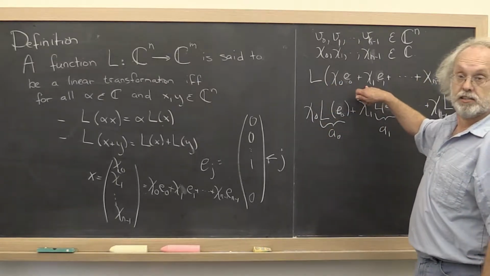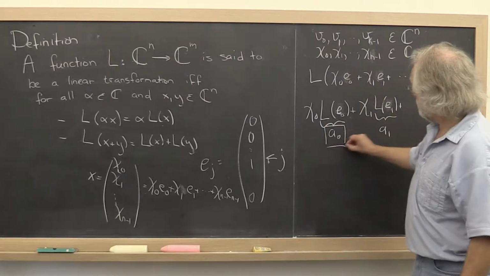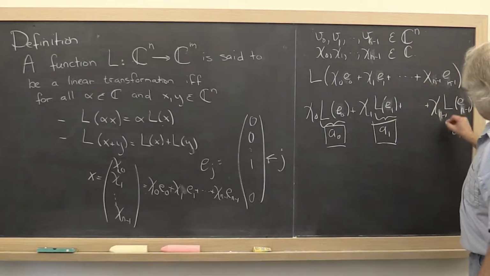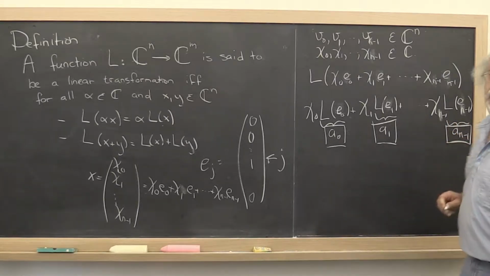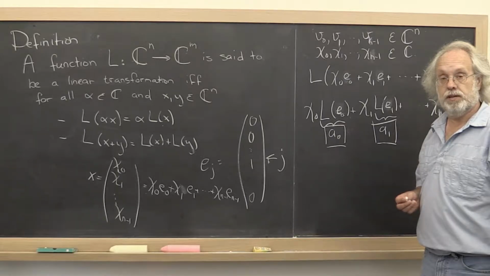This is just L of x. All information about the linear transformation is encoded in these vectors right here, which you get by transforming the standard basis vectors.